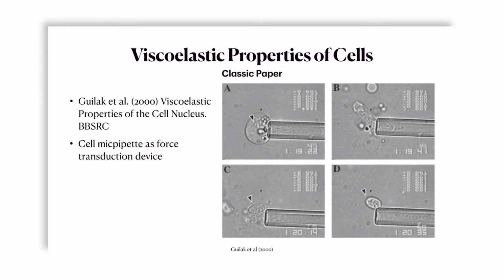In fact, to such a point that, as you can see in D, they got a nice isolated nucleus. The approach that they took was also compared to chemical isolation, and they found very similar results in terms of morphology.